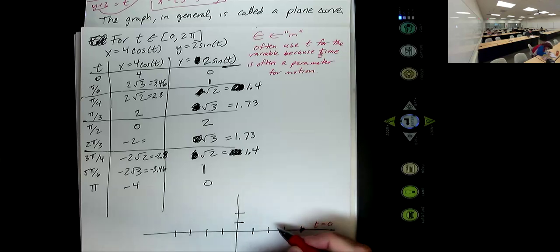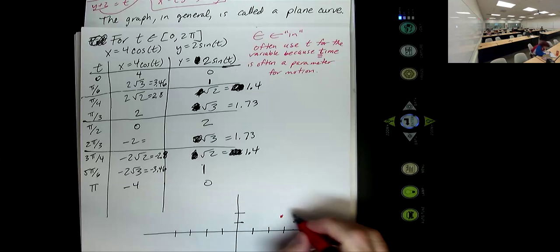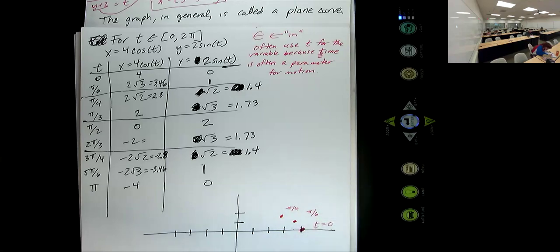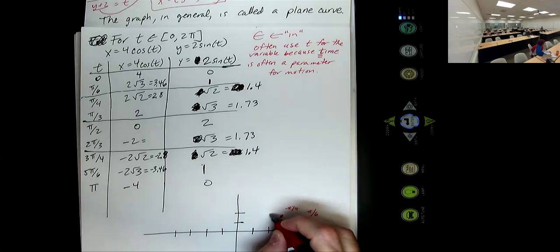Over 6 is 3.46, which is about halfway between 3 and 4 and up at the 1. 2.8 is pretty close to 3 and 1.4 is about halfway up, maybe right about there. That's pi over 4. Pi over 6. And we've got 2 and 1.73, which is right about there.